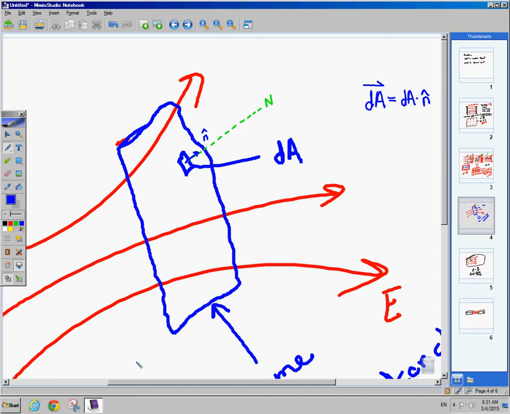But now the electric field at that particular place might not necessarily be going perpendicularly through that little area there. So there might be an electric field line going up like that through the area.